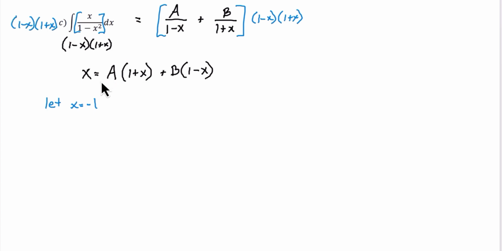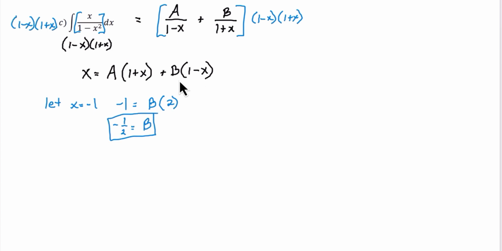Then rewriting this equation, we would have -1 equals a times 0. Again, we're replacing x with negative 1. So this is going to go to 0, which means this term goes to 0. We have b times 1 minus negative 1 is 1 plus 1, or 2. Then b must be negative 1/2.